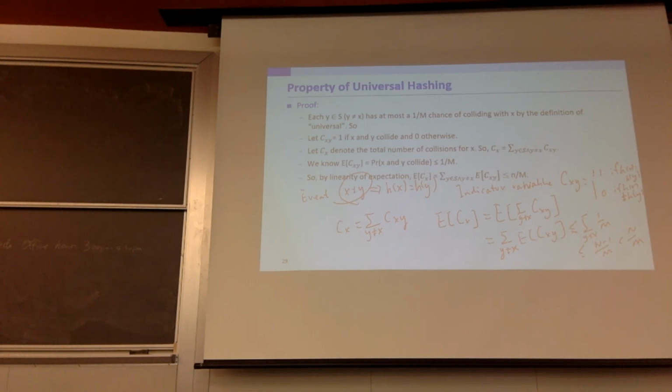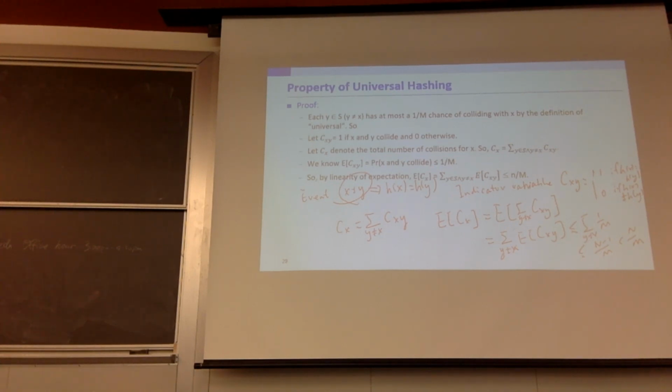So here we proved that if you use a universal hash function in a hash table, the expected number of collisions with a particular element x is no larger than n over m.